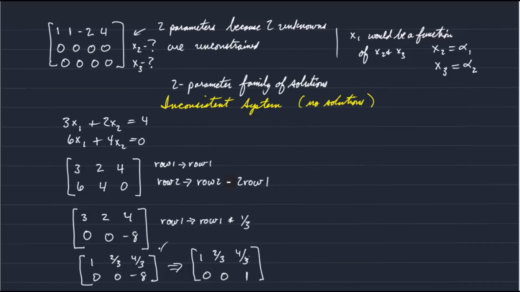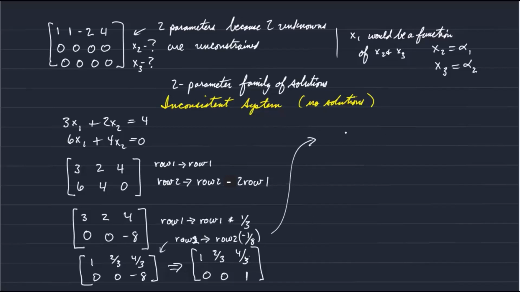So let me just squeeze this in here. Row 2 is transformed by multiplying it by minus 1/8. So here is as far as we can go with reduced row echelon form.